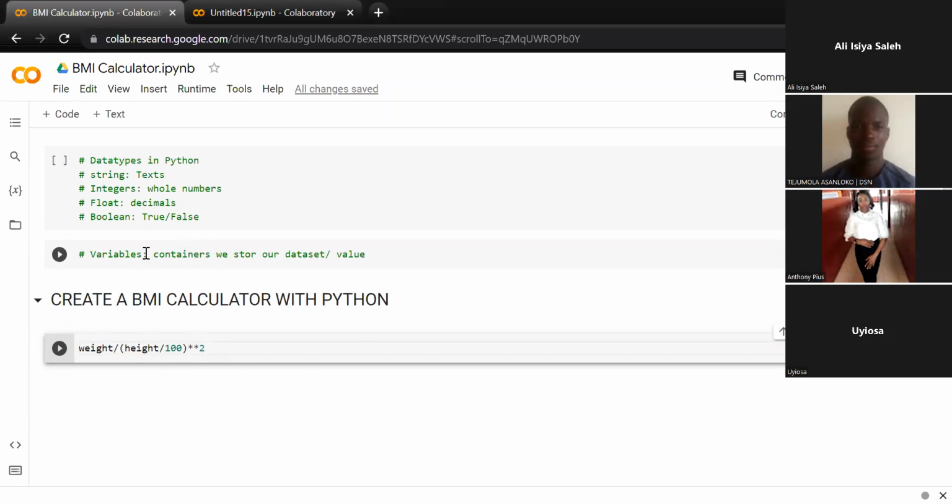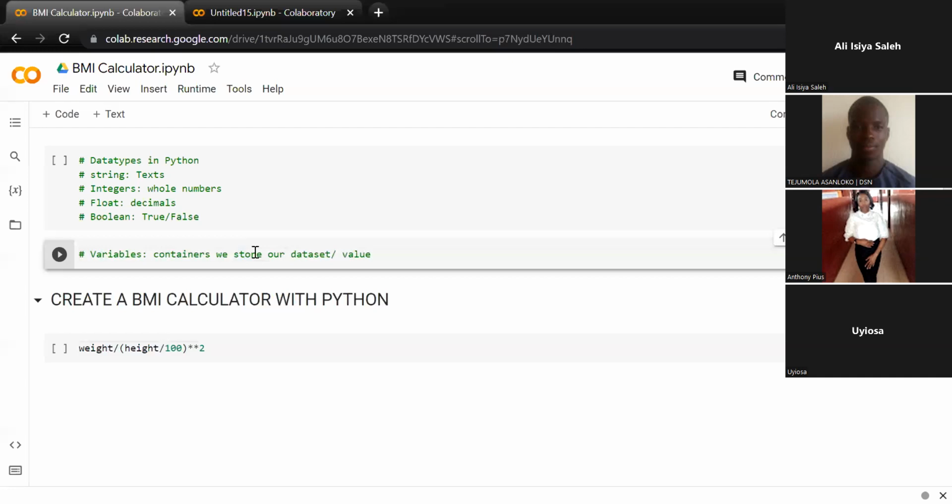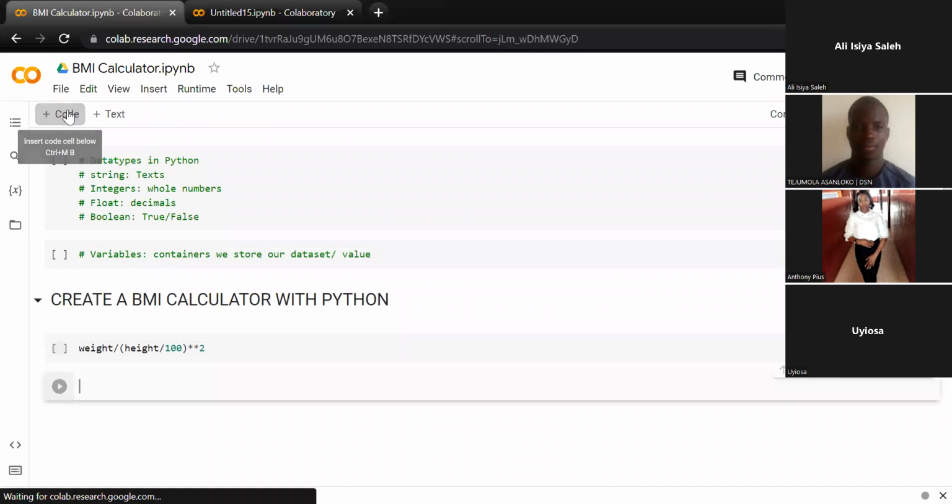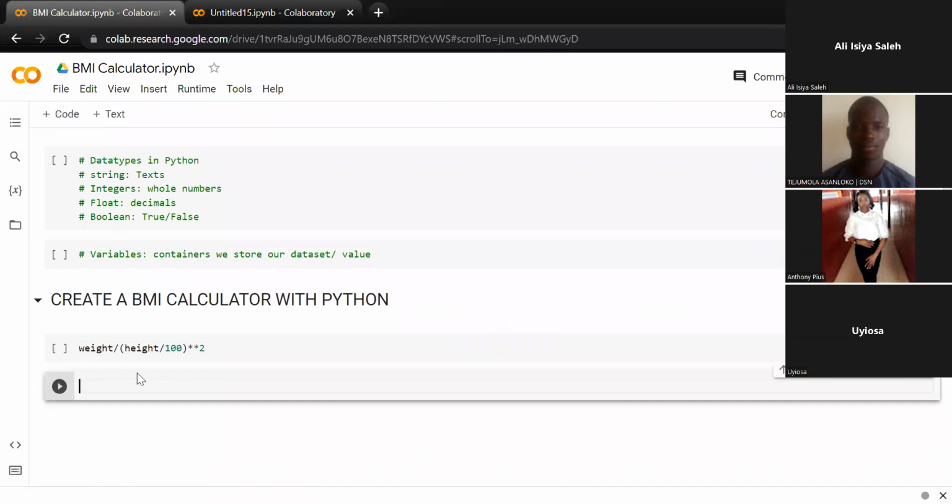Don't forget I said that in a variable we store a data set or values. Now let's create a variable. Let me input another code. Variable weight. This is how to assign a variable, equals to.